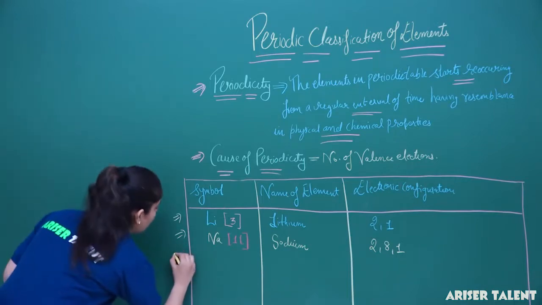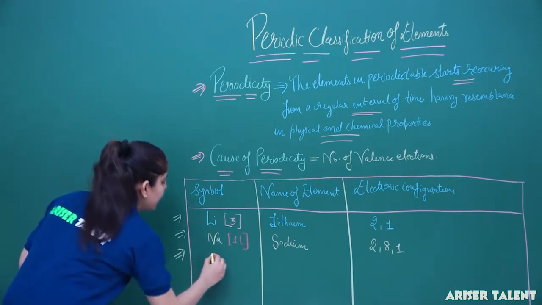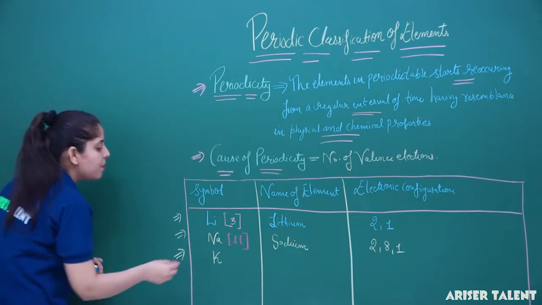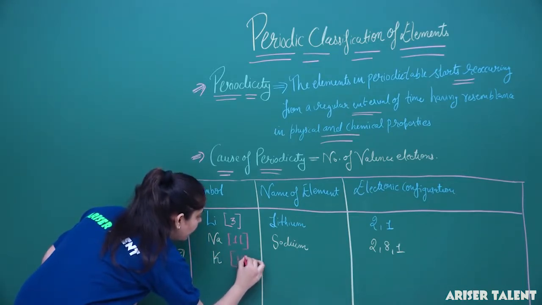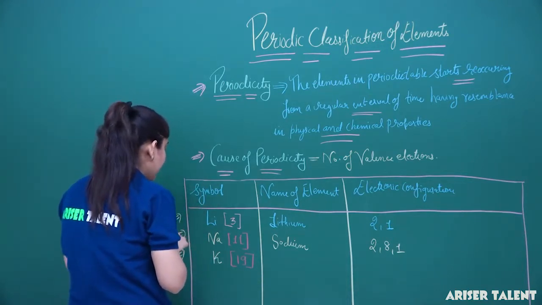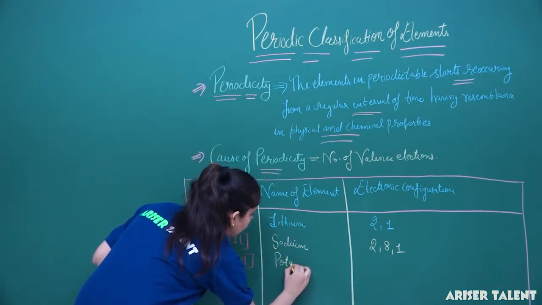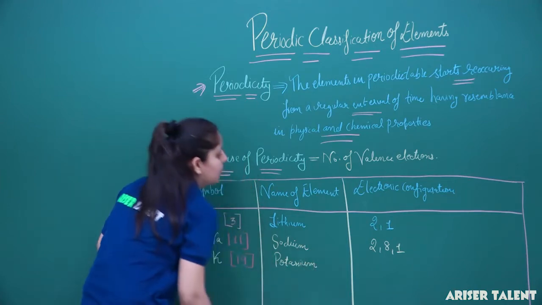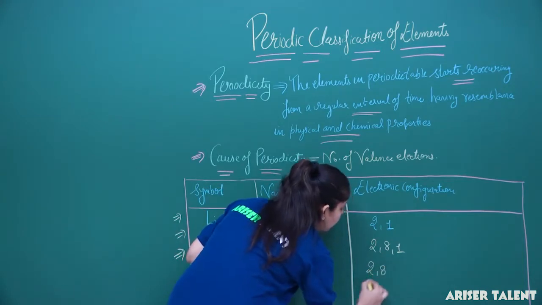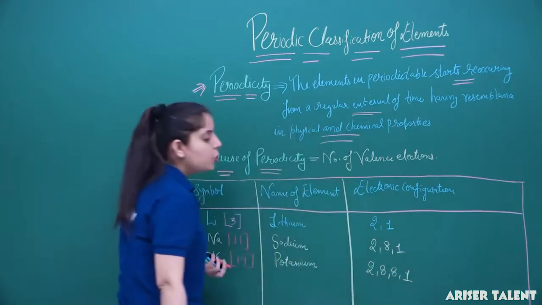Now, moving to our third element, let us consider potassium. Potassium is symbolized by K, having atomic number 19. For potassium, I can write the electronic configuration as 2, 8, 8, 1.